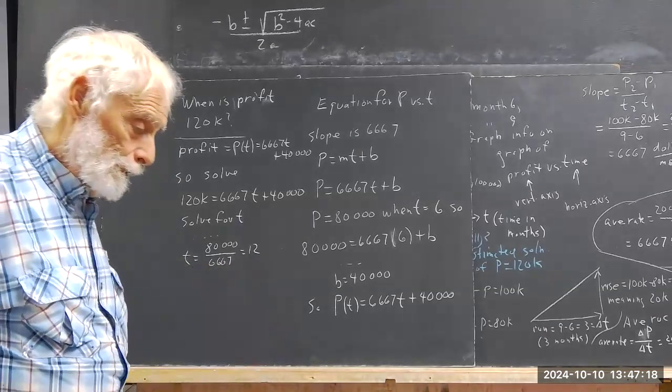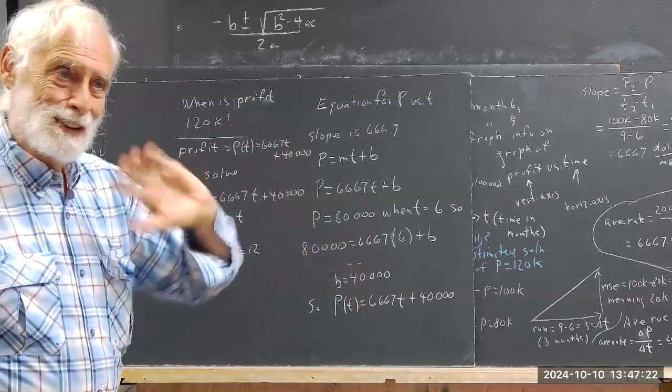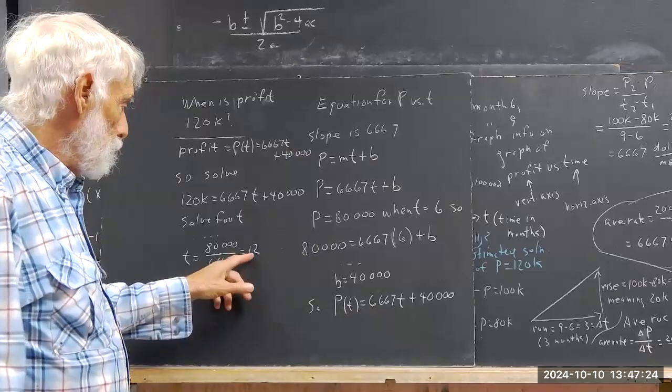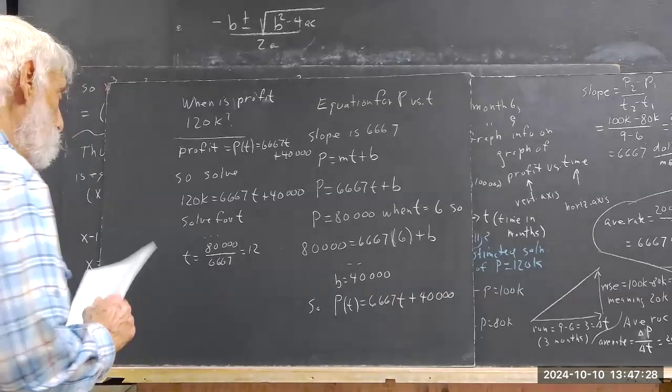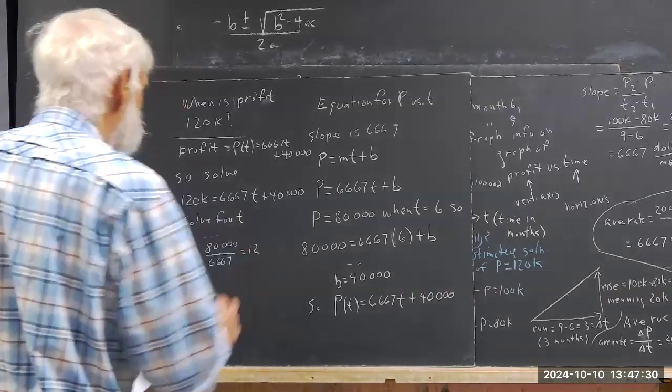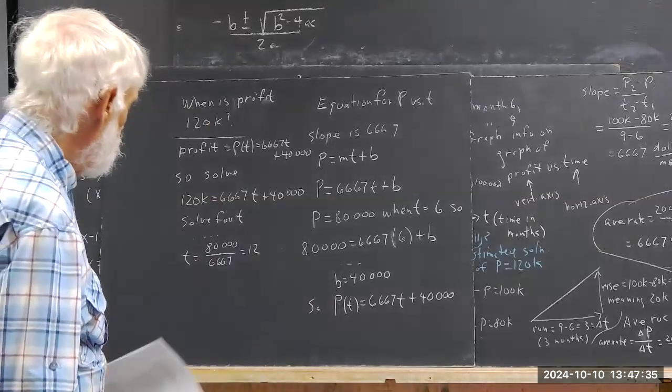The 6667 is actually 6666.6666, just repeated sixes. So from the round up, you're not going to get exactly 12. That's okay. But you're probably going to then see from the graph, well, it's got to be 12.